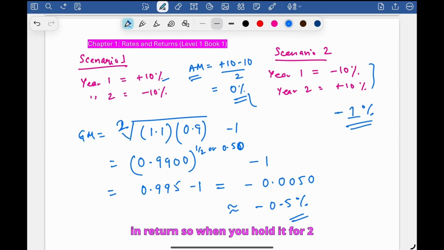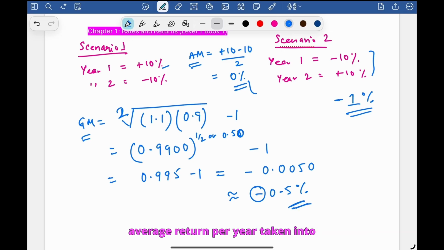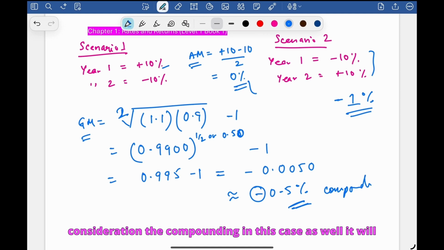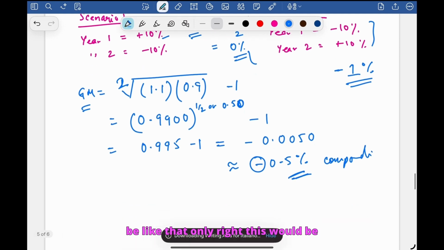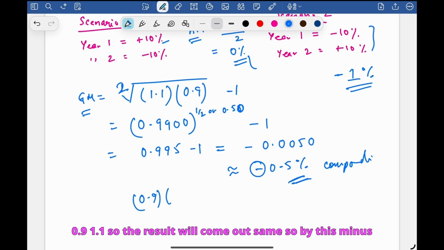So in the earlier example, you saw that there was a decrease of 1% in return. So when you hold it for 2 years, geometric mean tells you the loss, because it's a minus, the average return per year, taking into consideration the compounding. In this case as well, it will be like that only. This will be 0.9, 1.1, so the result will come out the same.